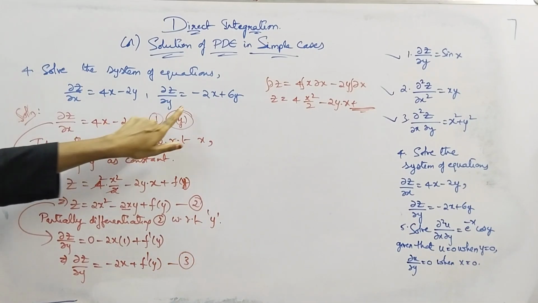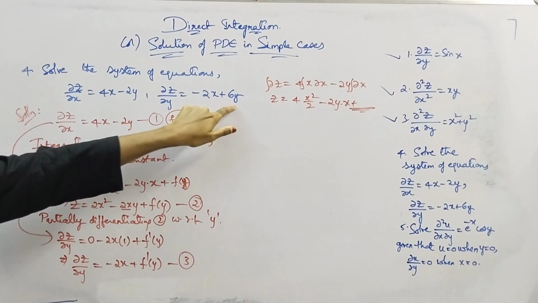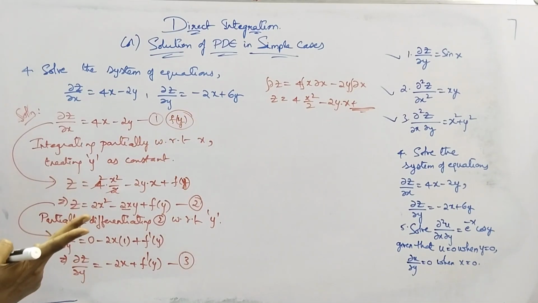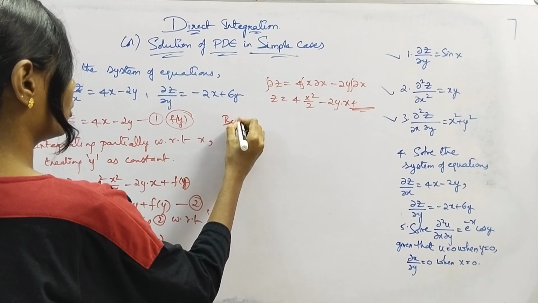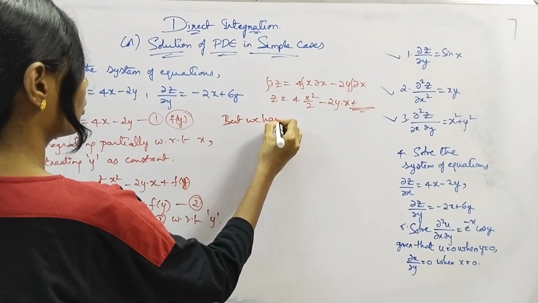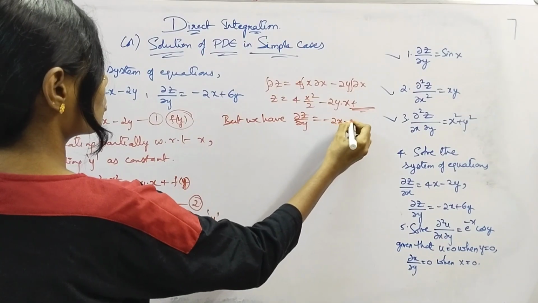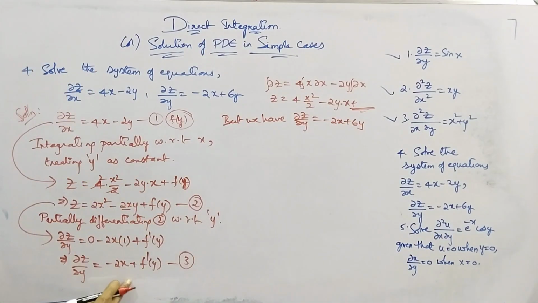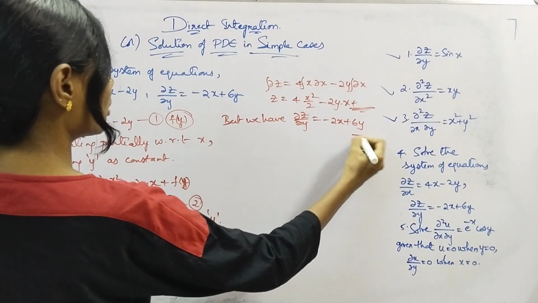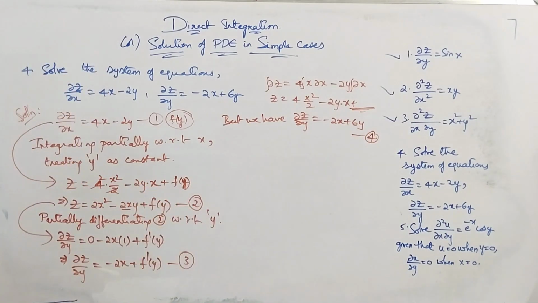But we have dou z by dou y equal to minus 2x plus 6y. You have two answers, right, for dou z by dou y. But we have dou z by dou y equal to minus 2x plus 6y. So you can equate these two, right? So equate these two, consider as equation number 4.